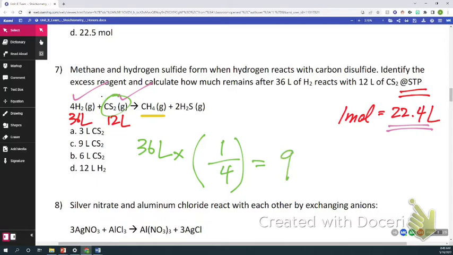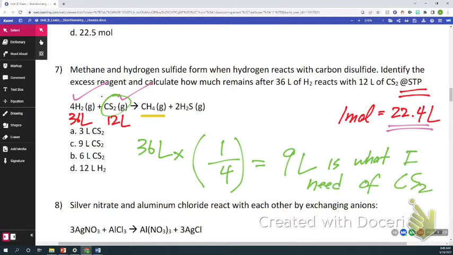36 divided by 4 is 9. 9 liters is what I need of CS2. Question is, do I have 9 liters of CS2? How many liters of CS2 do I have?